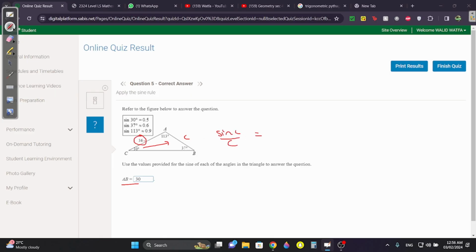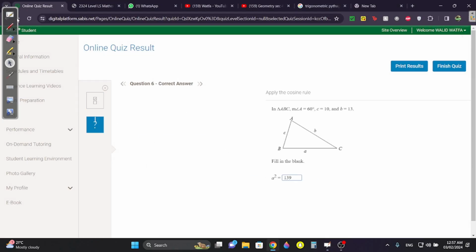We have this side given, which is opposite to B, so sine B over B. Substitute: sine C will be sine 30, which is 0.5 given, over C, which we don't know, we're trying to find, equals sine B, sine 37, which is given 0.6, over the side opposite to B, which is 36. Cross multiply, you get 30.